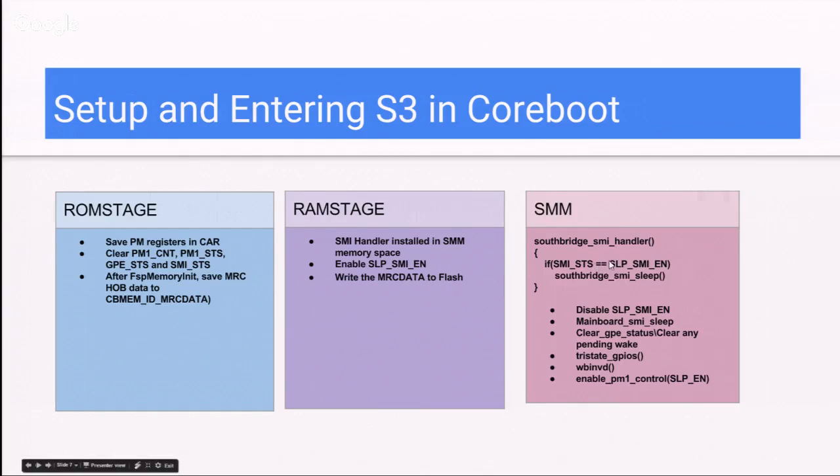And walking through what the SMI handler would do when sleep enable is detected, you need to first disable SMI on sleep, because otherwise you'd be re-entering the handler. And then any board-specific enables that need to be done are done from inside there, because you could have GPIOs that you need to enable.